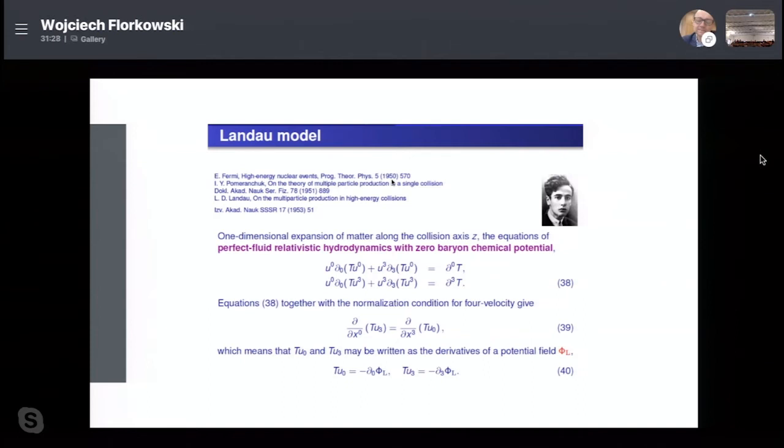And he actually realized that hydrodynamic equations can be written in some nice form. This was again done for zero baryon chemical potential and for massless particles.